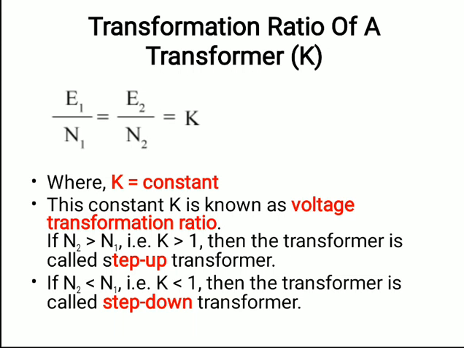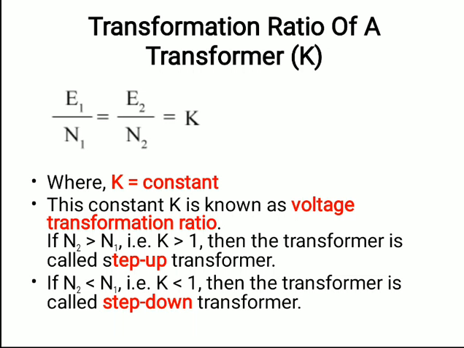In the same way, if voltage is decreasing, that is N2 is less than N1, meaning N1 is bigger and N2 is smaller. Suppose primary is 100 volt and secondary is 50 volt. Here voltage is decreasing, so we can say it is a step down transformer.